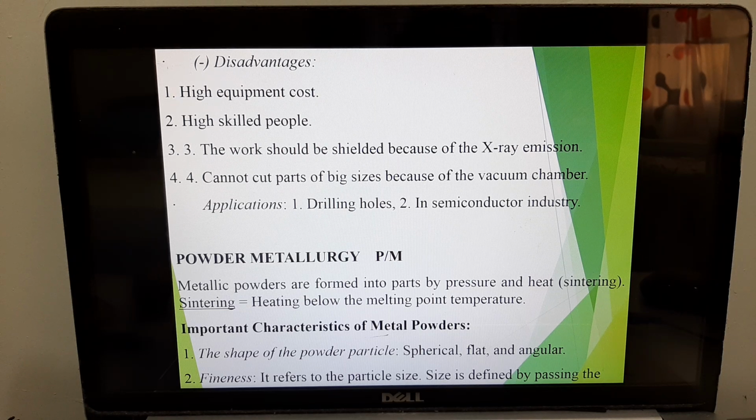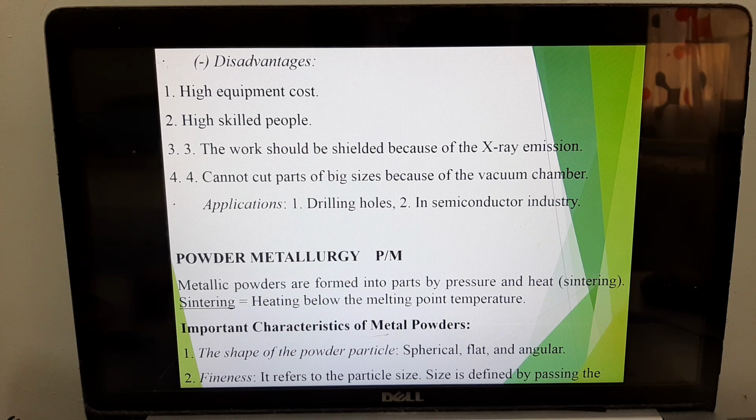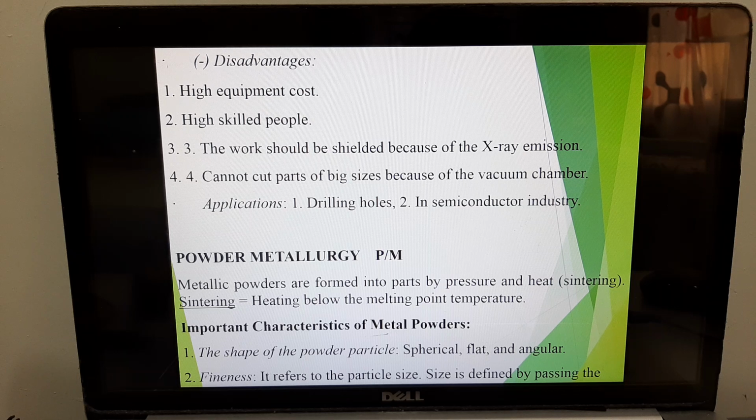Electrochemical machining is the reverse of electroplating, where you have an anode and a cathode. Your workpiece is placed at the anode because you want to remove material, and your cathode is made of the tool, so it's all immersed in an electrolyte.